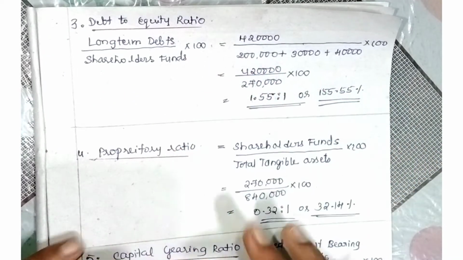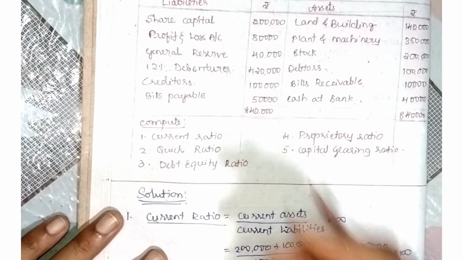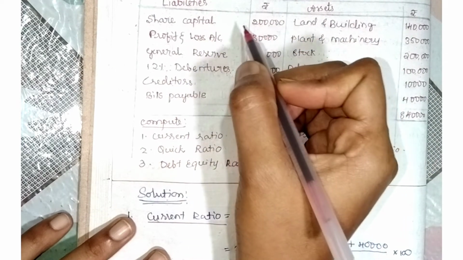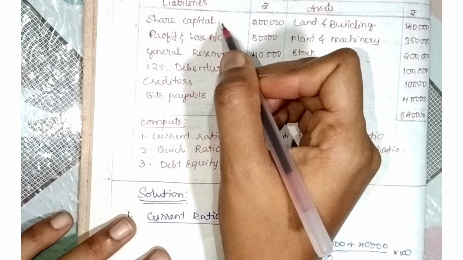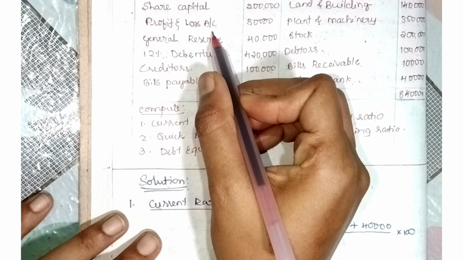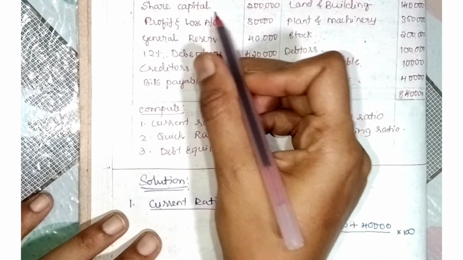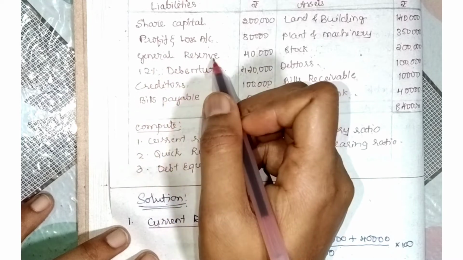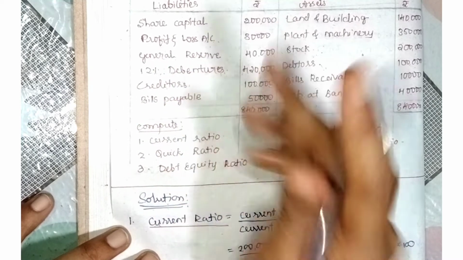Now shareholders fund. In the previous problem we had preference share, but here we don't have any preference share, they have just given share capital. So take that share capital. Profit and loss account, I have said profit and loss account is also included in shareholders fund. Then comes general reserve, this is also included in shareholders fund.